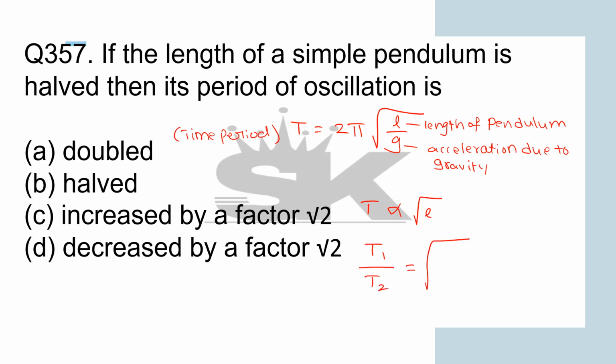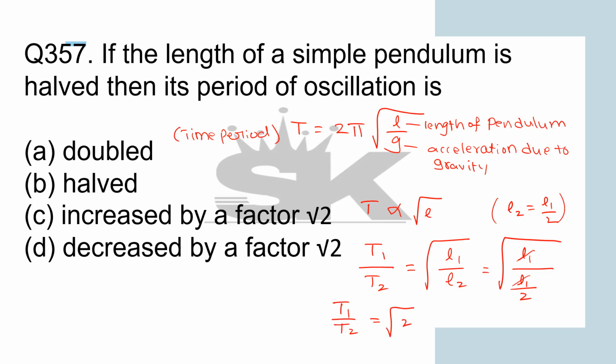So T1 by T2 equals root L1 by L2. Here L2 is half of L1, so we substitute L1 by L1 by 2. Here it gets cancelled. T1 by T2 equals root 2.